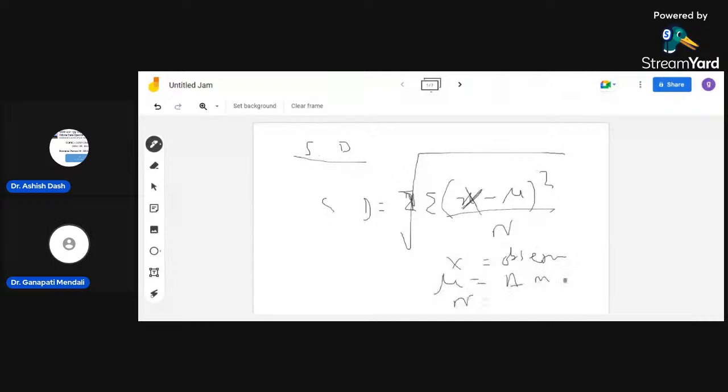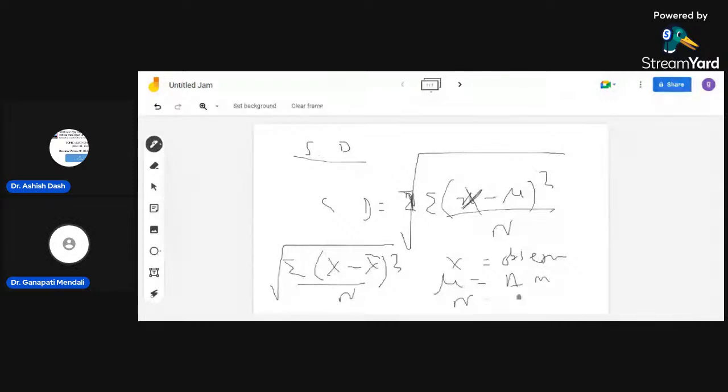In some books you can have capital X minus x bar square by n under the square root. Mu and x bar both are the same, mu is only the symbol for how we express the arithmetic mean, and n is the number of observations.